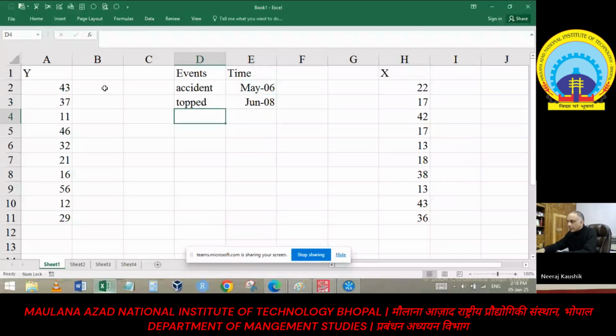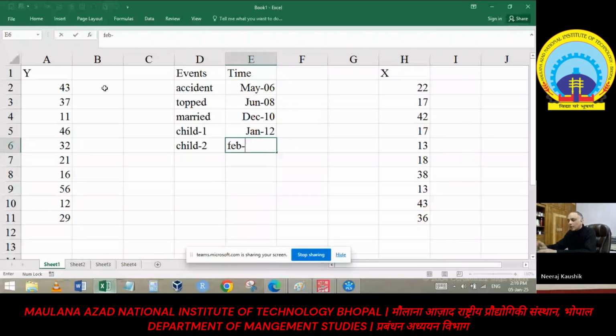This was December 2010, and got the first child in January 2012. Then got the second child. It was in Feb 2017. Then got the promotion. It was in March 2020. Okay, I have written the events like that.